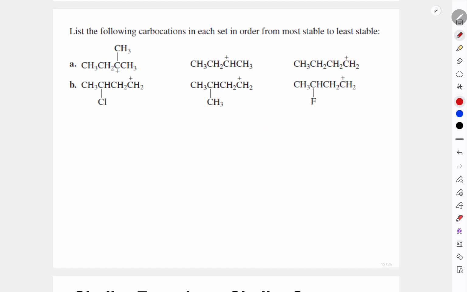So then you can make this one the most stable carbocation. So you can choose the more electron-rich carbocation for the more stable carbocation in this stage.